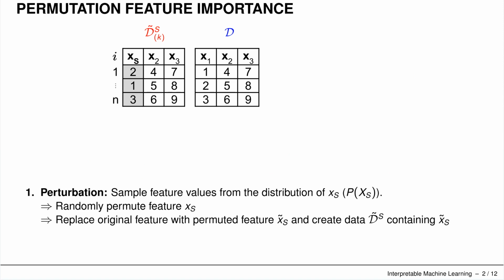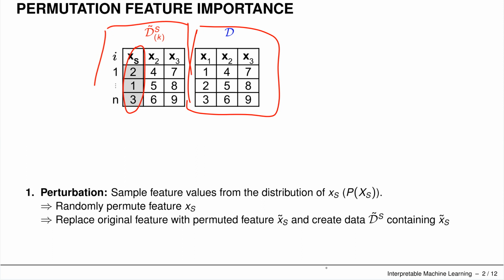So let's do this calculation by example. We start with our original data set, and now we permute X_S, so here this is X1, and by that create our data set D_S tilde k.